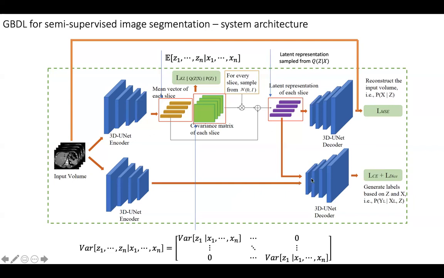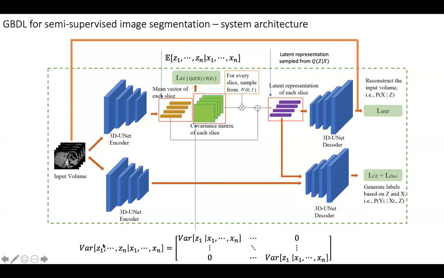We then feed them to a new 3D U-Net decoder, and we use this model to learn the conditional distribution of the label conditioning on the input image and this latent variable. So for the segmentation mask we get, we will combine it with the ground truth mask to calculate the cross entropy loss and also the dice loss.